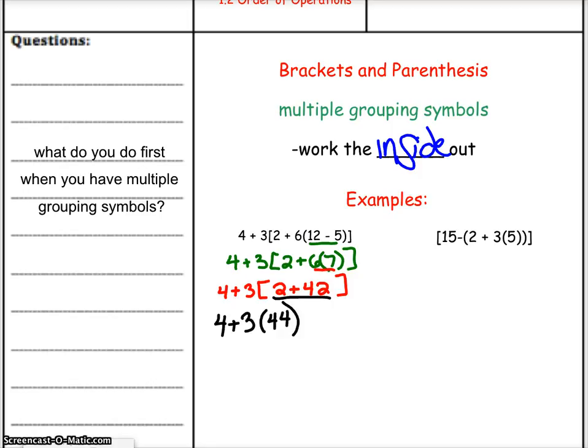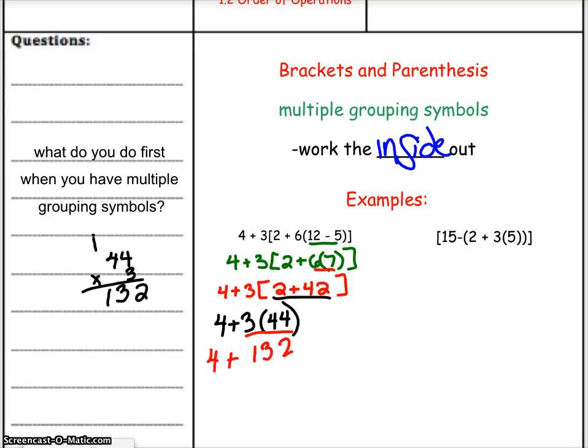I don't know 44 times 3, but I can do it fast. 44 times 3: 3 times 4 is 12, plus 1 is 13. So 132. Because you can't use a calculator today. But I don't think your numbers are this ugly. So now it's 4 plus 132.